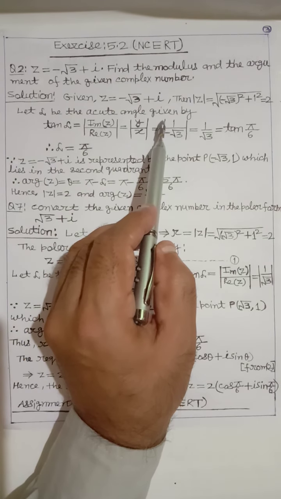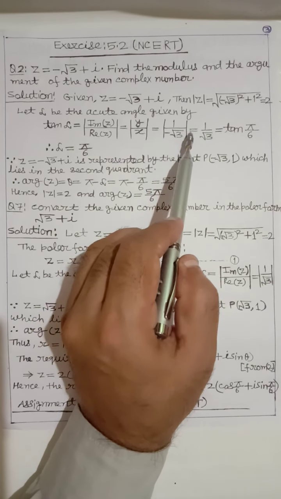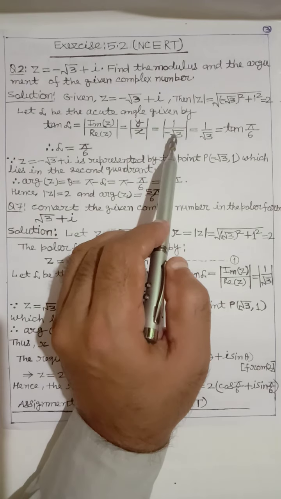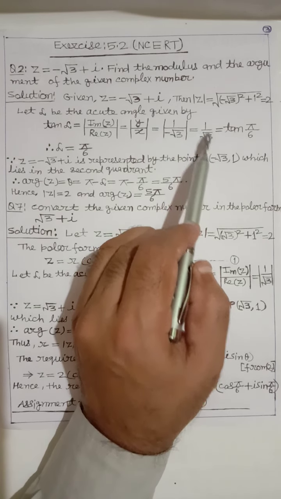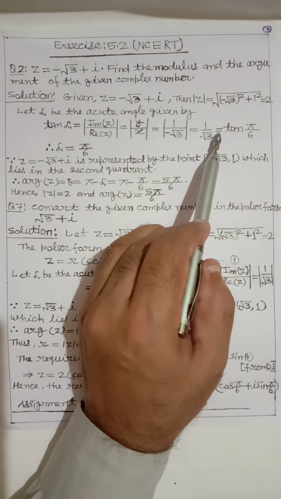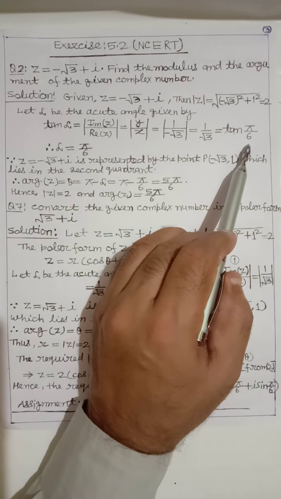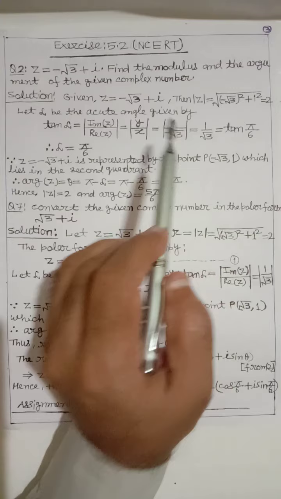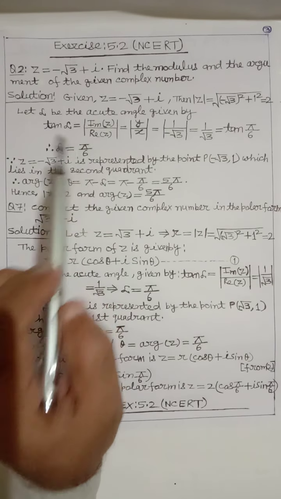So this is modulus of 1 by minus root 3, and this is equal to 1 by root 3, because this is a modulus value, so this will be positive. In this case this is equal to tan pi by 6. We already know that tan pi by 6 is equal to 1 by root 3. So if we compare, we get alpha is equal to pi by 6.